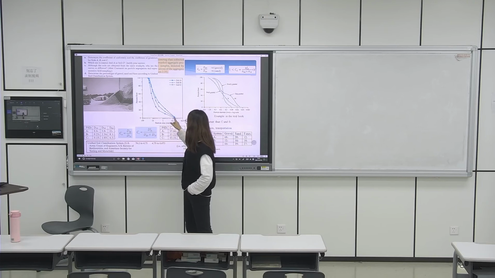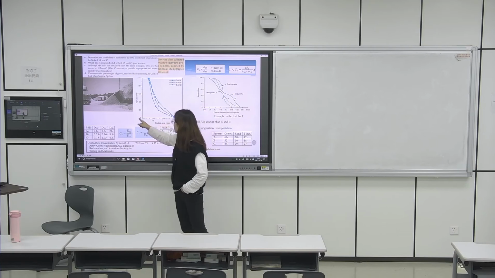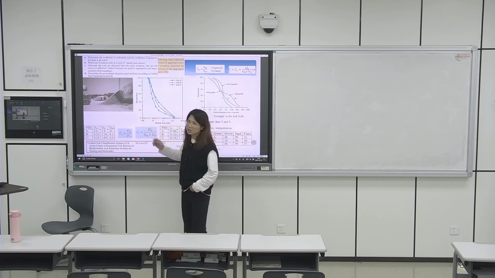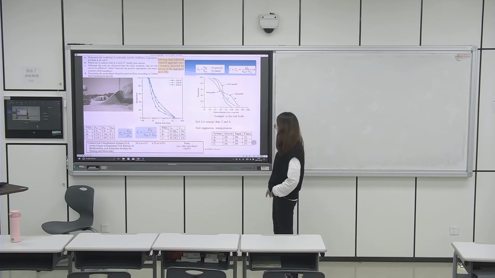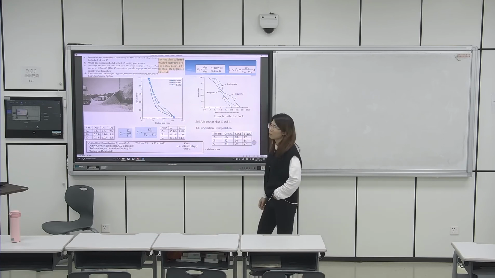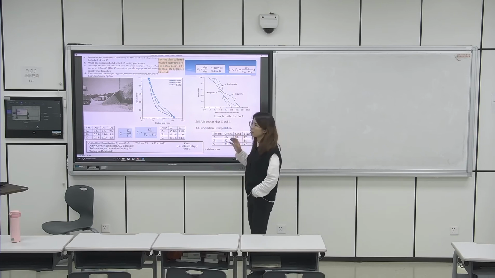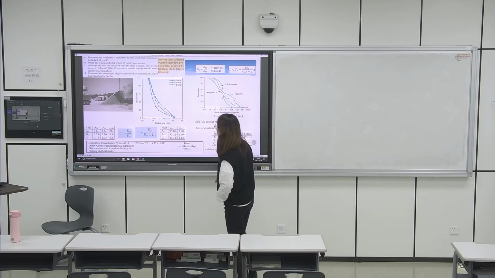0.075 is around here. Find this point, then find the corresponding percentage. This percentage corresponds to the fines percentage. Here, let's see, it is 0.075. My answer may not be very exact, but this is a method to answer this question.